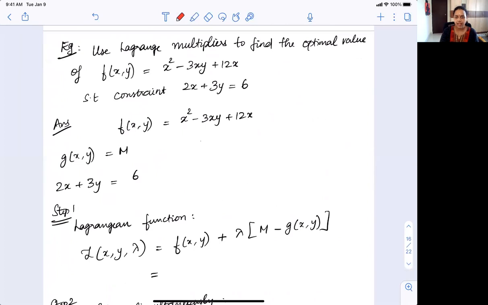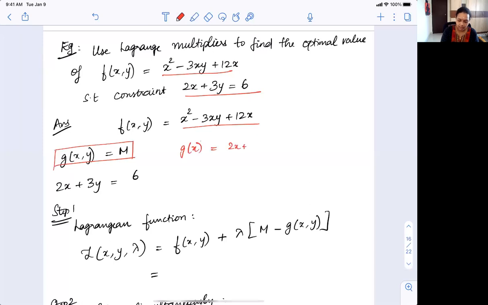Let's use Lagrange multipliers to find the optimal value of this objective function subject to this constraint. We have f of x, y given to us directly. To put the constraint in the form of g of x, y equals n, we write 2x plus 3y equals 6. So g of x, y is just 2x plus 3y, and n is just 6.